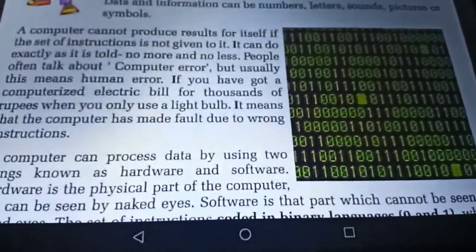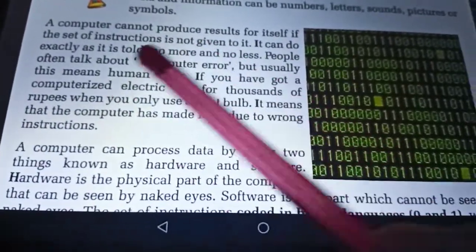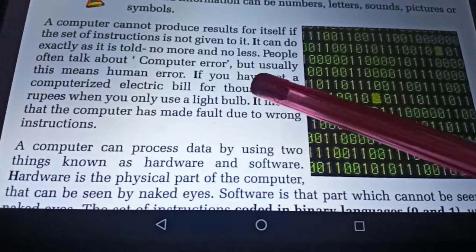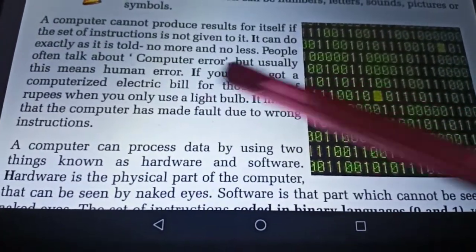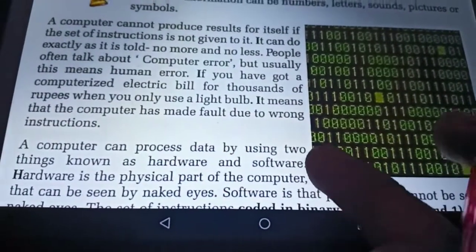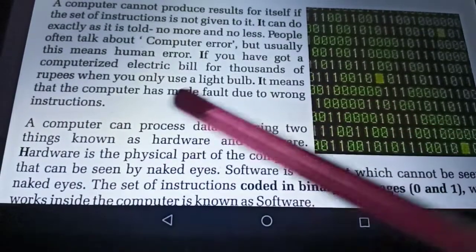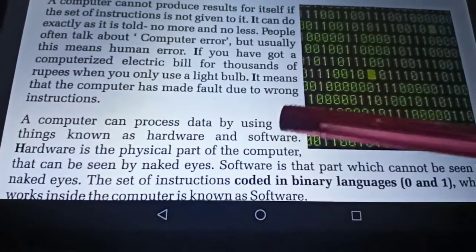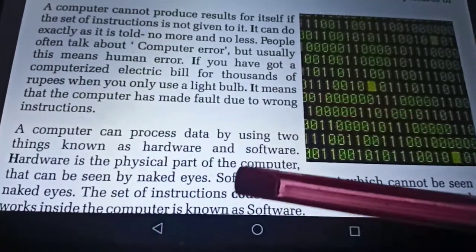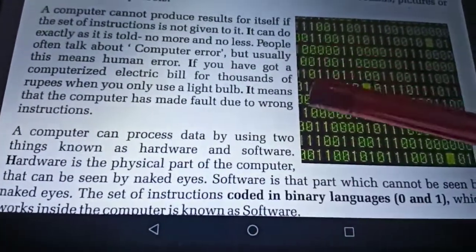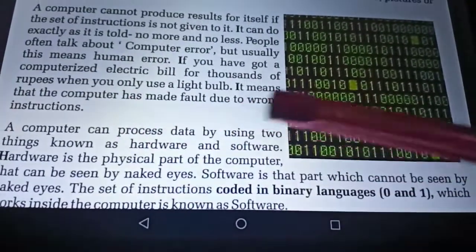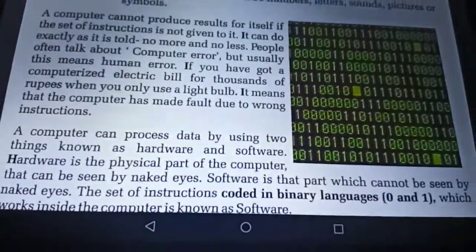Means if you got a computerized electricity bill of thousands of rupees, what? You only use a light bulb. It means the computer has a fault due to wrong instruction. Means any person gave wrong information to the computer, because a computer only produces data that follows the instructions given by human beings.